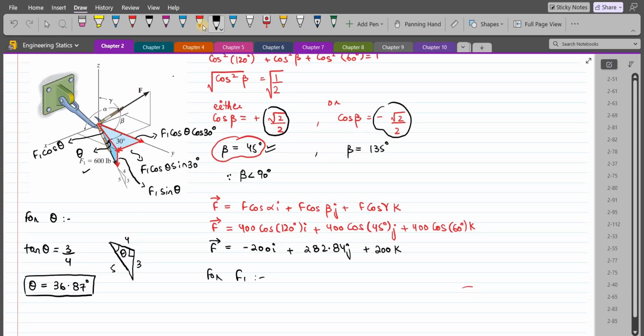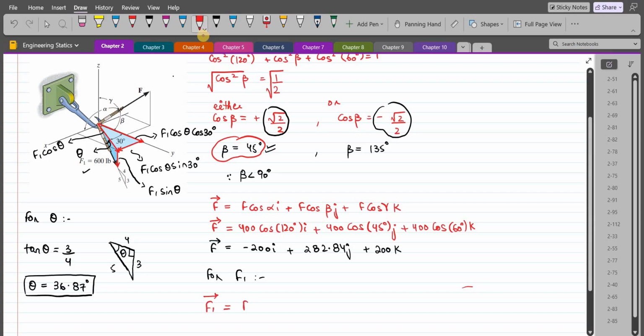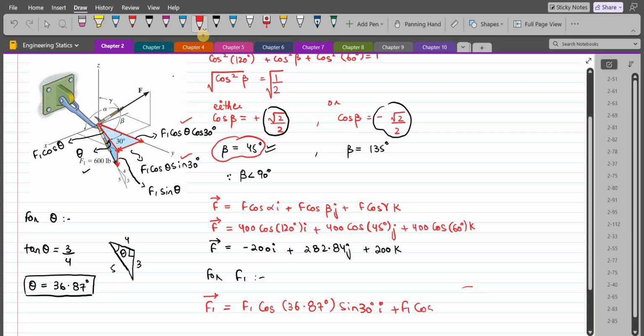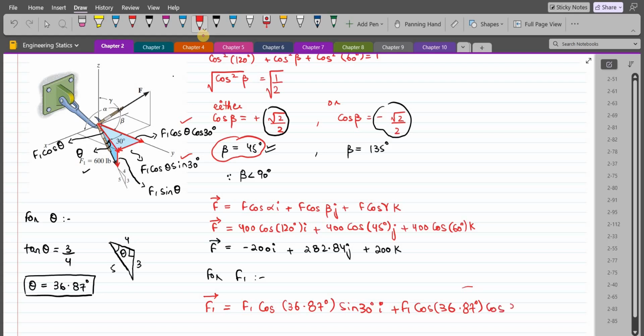F1 force in terms of Cartesian vector form, we have F1 cos theta, where theta is 36.87 degrees, into sine 30 i, plus F1 cos theta, where theta is 36.87, into cos 30 j, minus F1 sine theta.